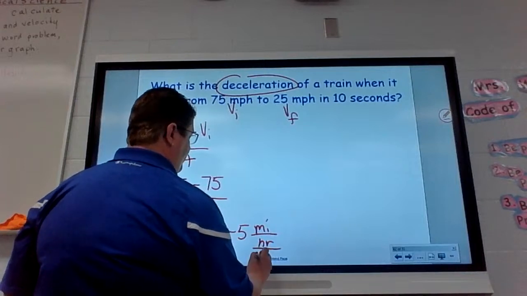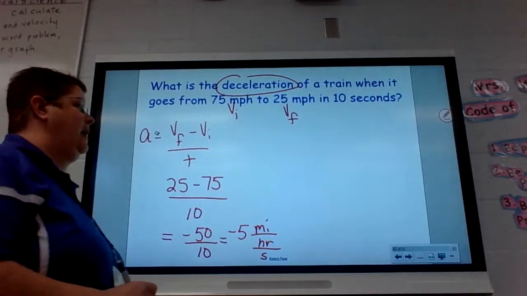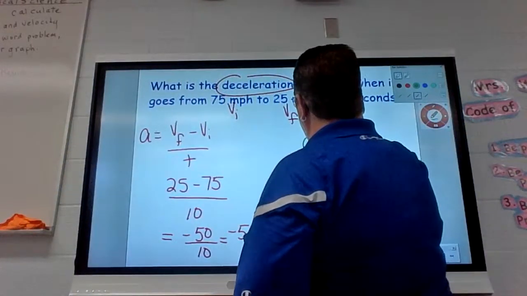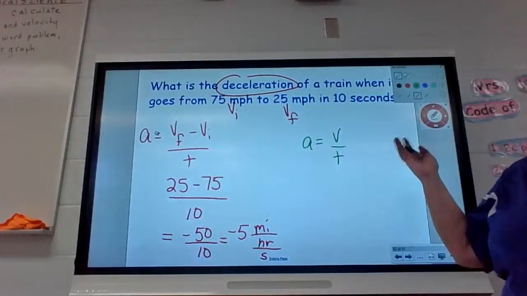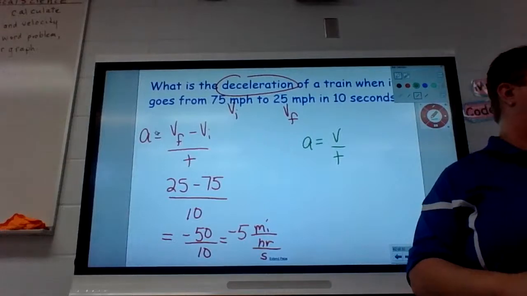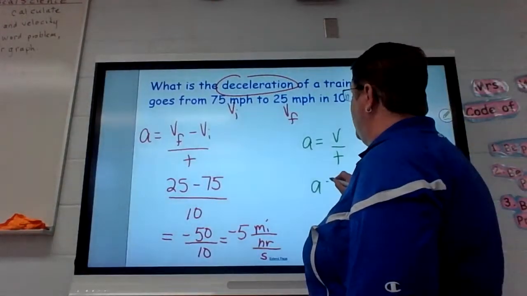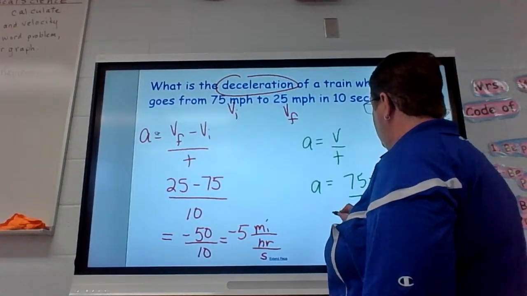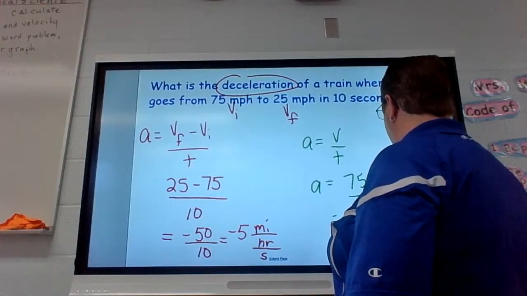Now, let's say that Caleb said he didn't like that formula. He said, I don't want to use that one, Miss Wall. I want to use A equals V over T. So he doesn't have the VF and the VI. So he just looks at the numbers. And he says A equals 75 minus 25 over 10. So he just gets 5 miles per hour per second.